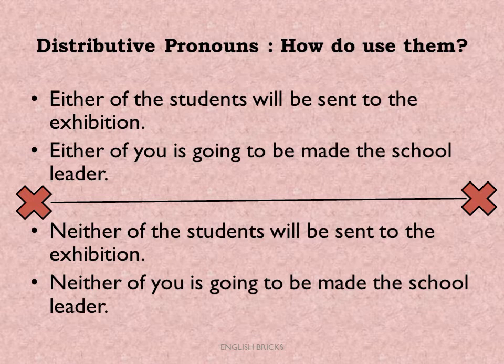Neither, though you is there, the verb is because of neither, which stands for either of one of them. Alright? So you must understand that when we use each of or either of or neither of, the noun that follows after that is always plural, but the verb that comes after that is singular. Clear? Remember this.